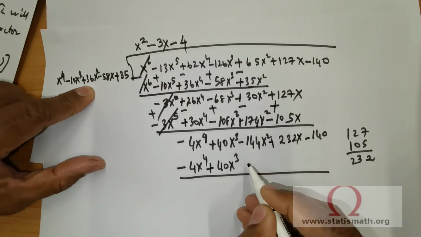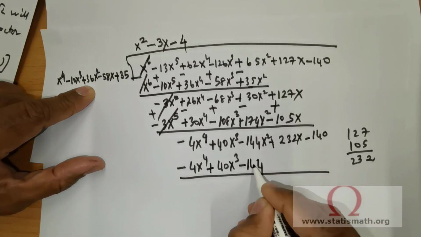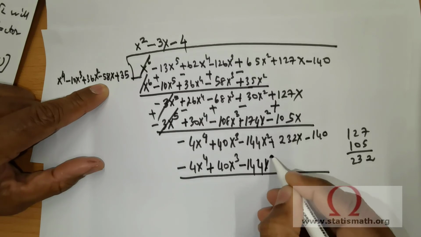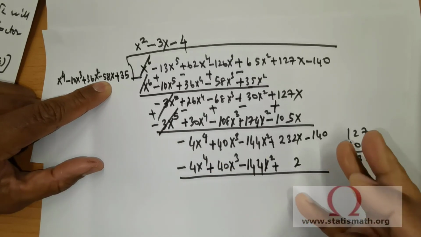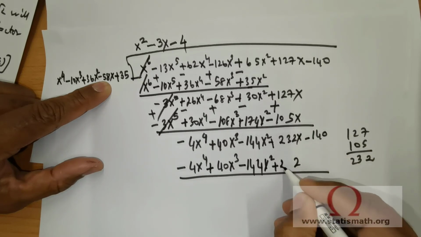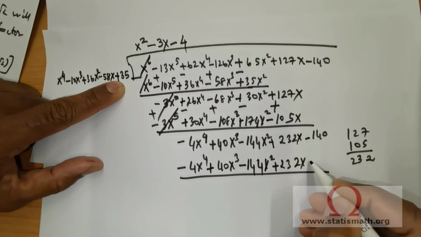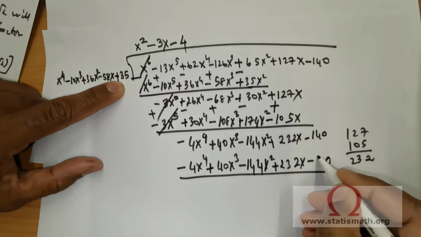This is going to give me negative 6 4s are 24, 4 3s are 12, 14 x squared. This is going to give me positive 8 4s are 32, 5 4s are 20, 23 x, and negative 5 4s are 22, 4 3s are 12, 13, 14.